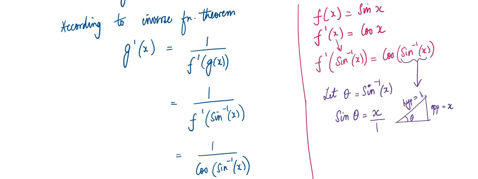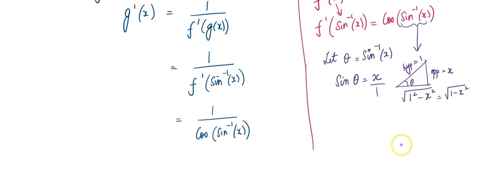Now, once we get this information, this is sufficient for us to find the third side, which is the square root of the hypotenuse squared minus the side squared. That's the Pythagorean theorem, isn't it? Which is the same as square root of 1 minus x squared. So just to clean up that triangle a little bit.